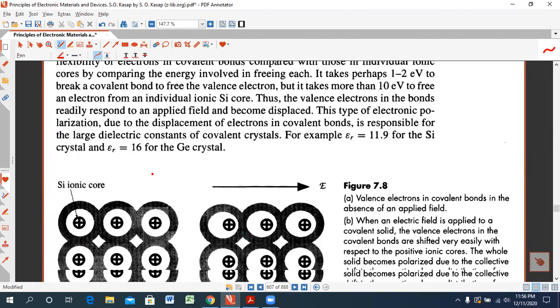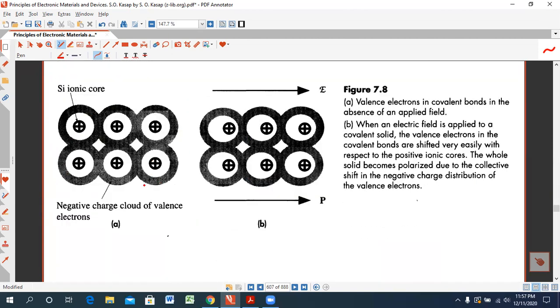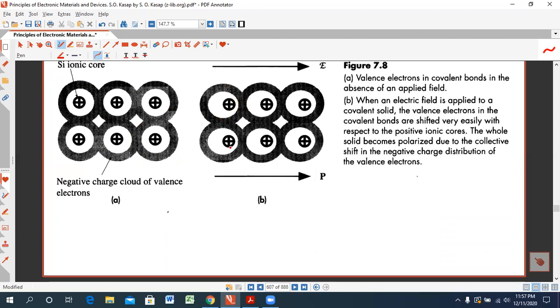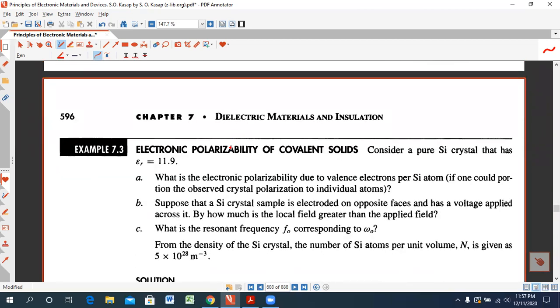Okay. So look, if we have some covalent bonding, then there will be some tendency of the electron moving to either the positive side or the negative side, which can be defined as the polarized side. This example 7.3 is very important: the electronic polarizability of the covalent bond.